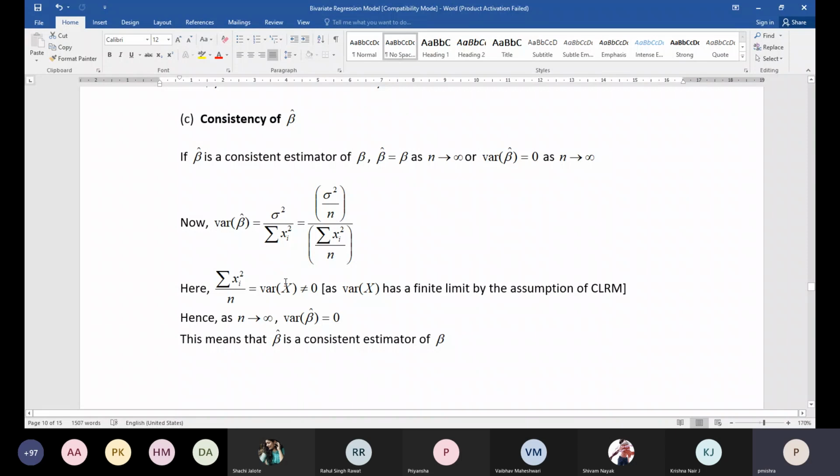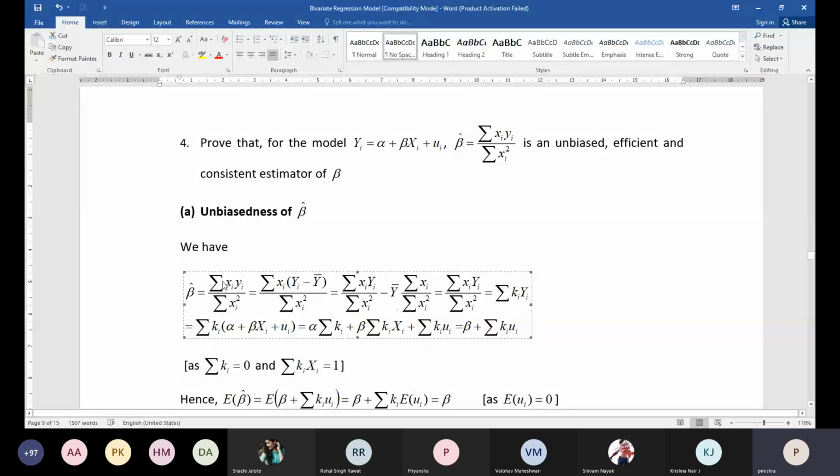If variance of X is equal to 0, then your beta hat is not defined. How did you define beta hat? We define beta hat in this way. This is the OLS estimator of beta. And you see the denominator, it is summation of small xi square. If summation of small xi square by n is equal to 0, that means summation of small xi square is equal to 0.